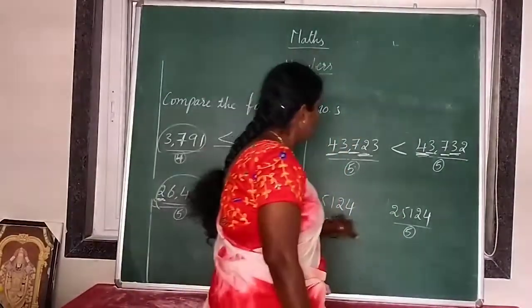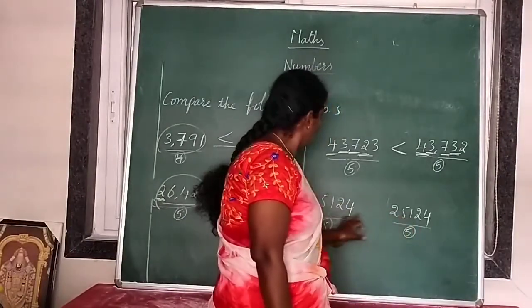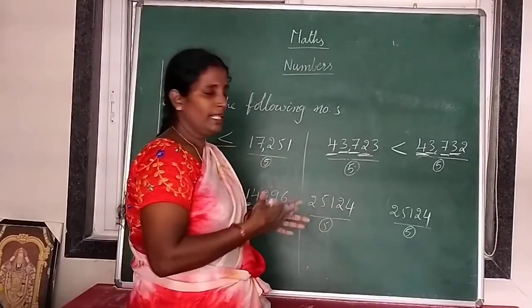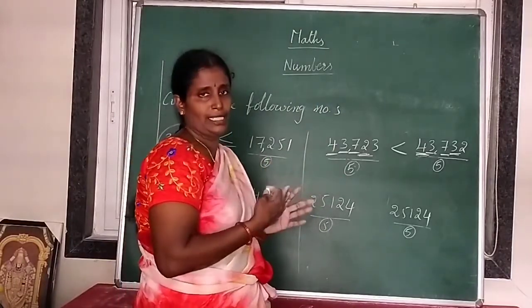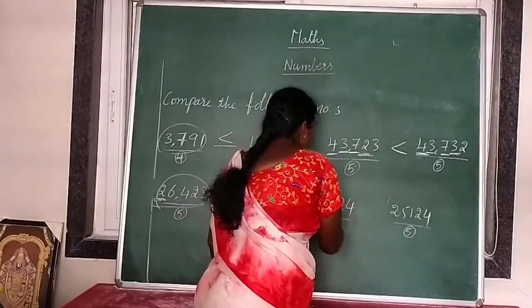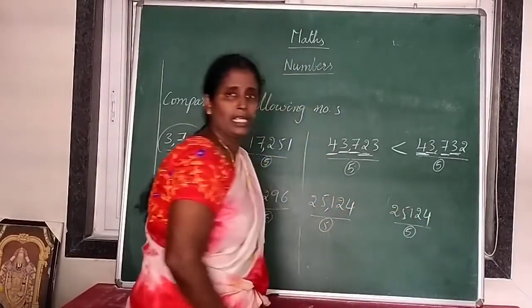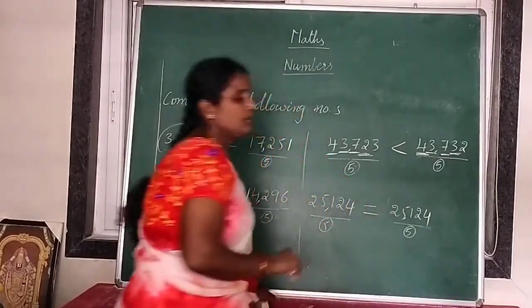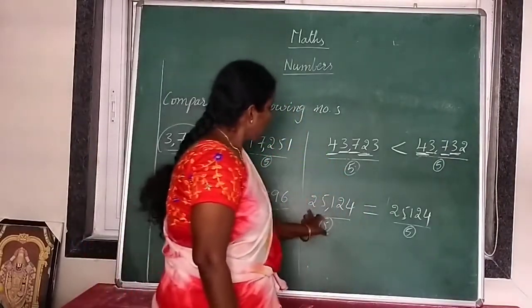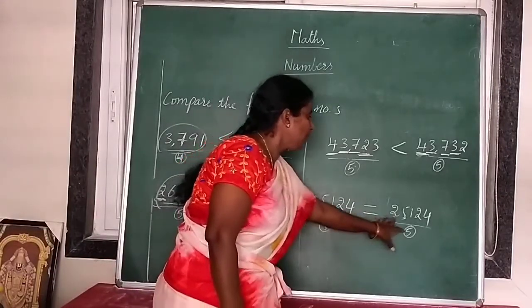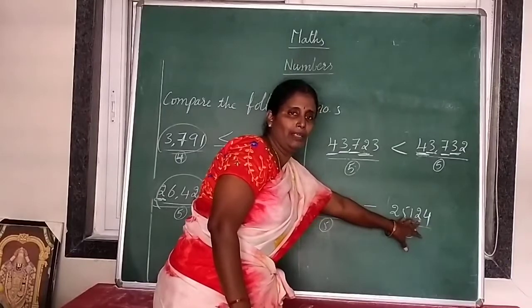Next 2, same. 4, same. Same number of digits are there and each and every digit is same. Understood? So both the numbers are equal. So equal means the equal to symbol. 25,124 is equal to 25,124.